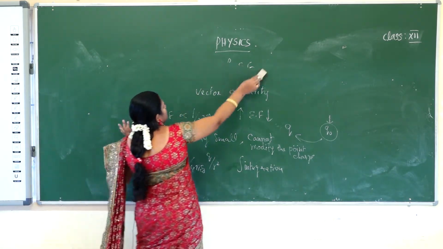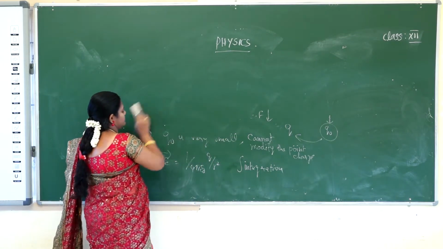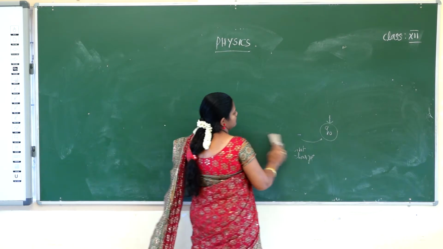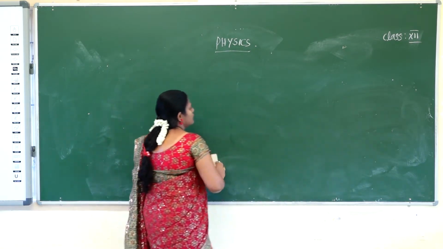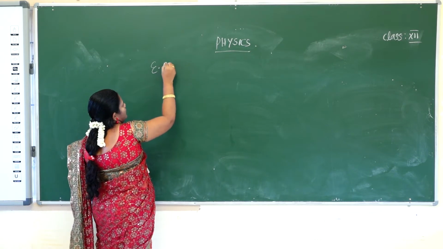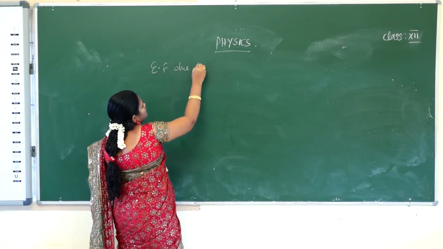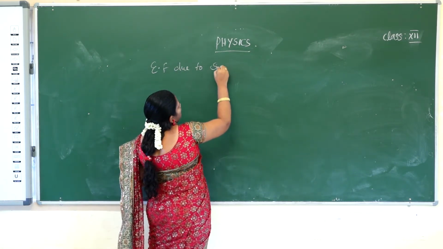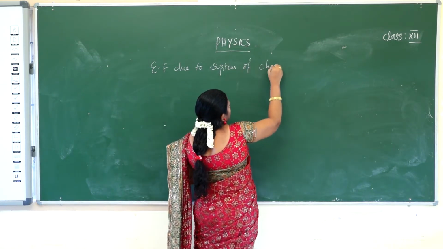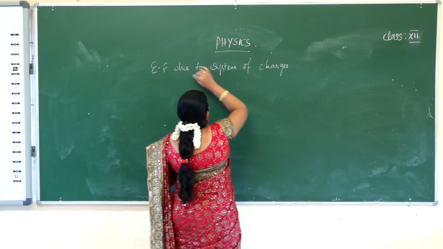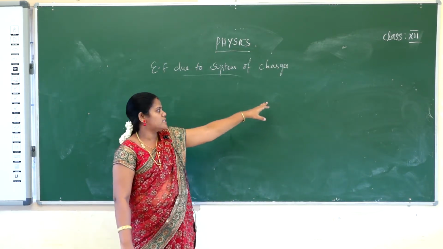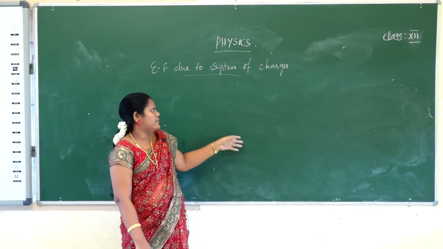Second one, electric field due to a system of charges. Suppose one system has a lot of charges Q1, Q2, Q3.